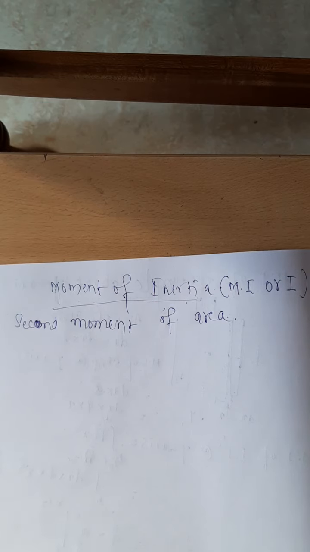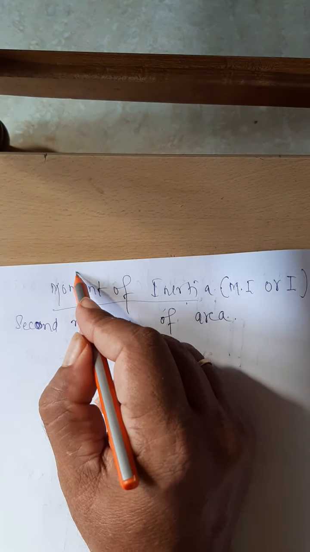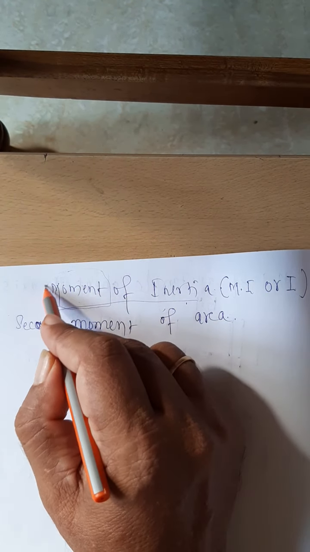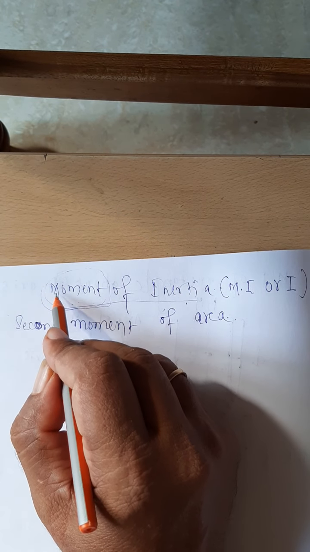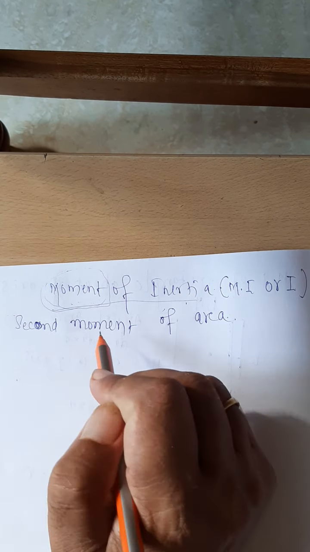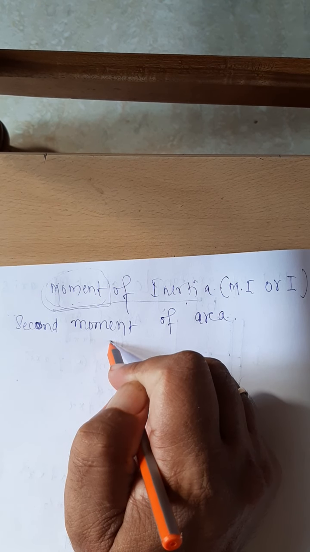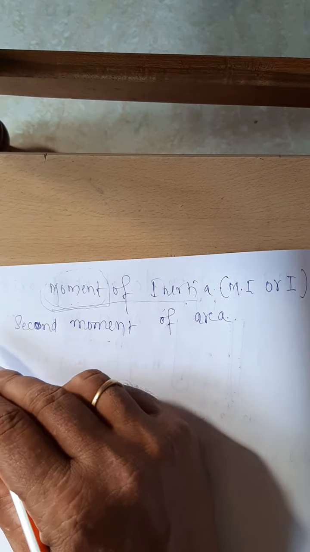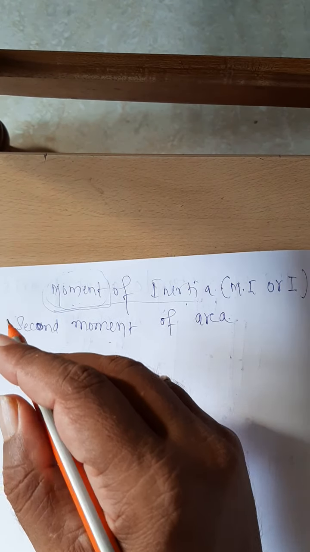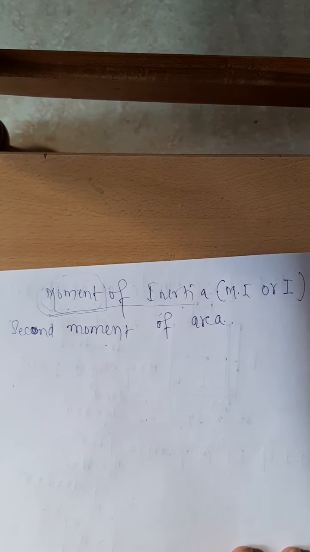So the word moment comes from the product of a distance and something, like the moment of force is equal to force multiplied by the perpendicular distance. The moment of area, which we studied in the previous class while calculating the centroid, is nothing but the area multiplied by the location of that area from a reference line.